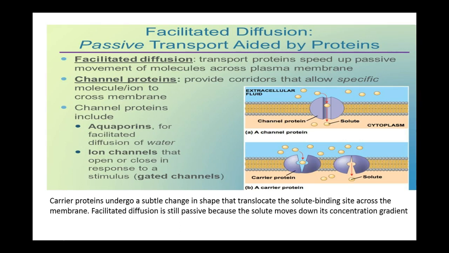Now those channels can be non-specific or specific, and specific channels allow a specific item to pass through, like aquaporins that are embedded into the membrane just for water, so water can go in or out.